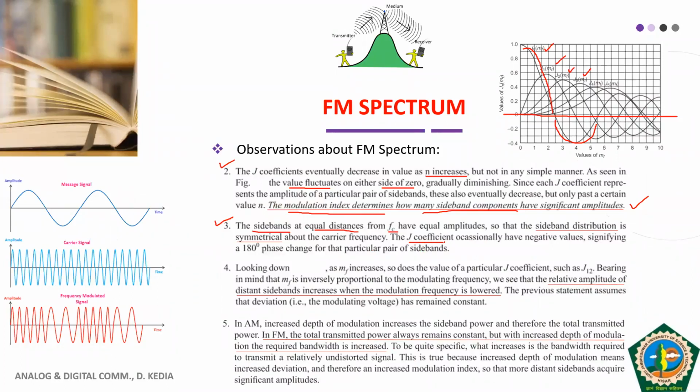Your Bessel coefficient may occasionally have negative values, which means that there is a phase change of 180 degrees.